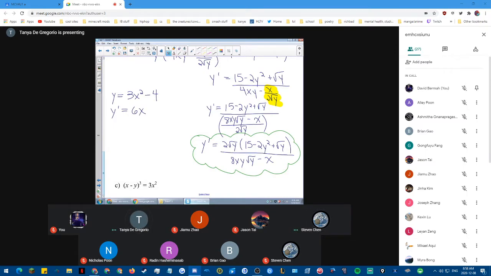Thank you. No problem. So basically what we're doing here is we're solving in the end for y prime rather than solving for y at the beginning. So instead of solving for y at the beginning and taking the derivative, we take the derivative as it is, and then we solve for y prime in the end. Okay?